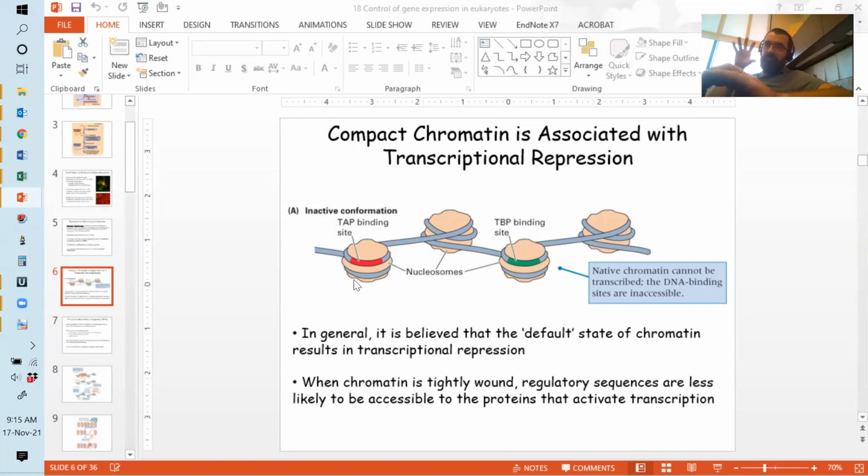So even if the TATA box binding protein could get to that DNA, it's not in a position where it can stick to it. If those sequences are unavailable for either of those two reasons, transcription does not happen. Again, this comes back to the concept that in general, transcription in eukaryotes is off by default. Obviously, there are different reasons for that, but this is one of them.